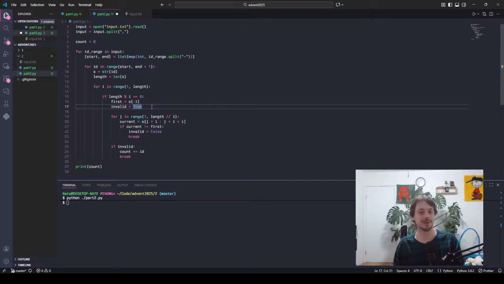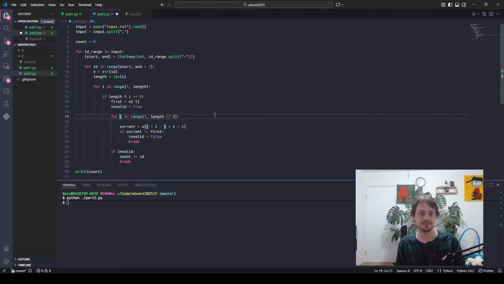So basically I start off with the assumption it is invalid until I can find an example when it's not. So then I go through, I use J to break off more segments. So I know I'm going to need to go through length over I, because that's going to be the amount of segments if I is my segment length.